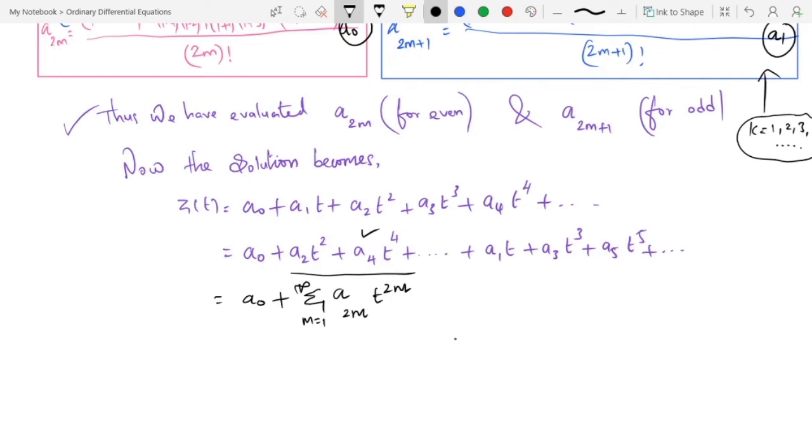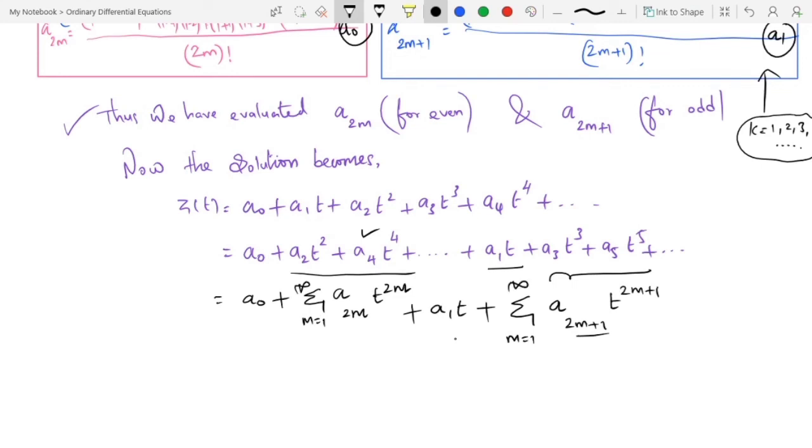Similarly, for A suffix odd numbers, write A1 t as it is plus group the terms from here, A3 t cube plus A5 t power 5. For the general case, write summation A suffix odd number, the general form of odd number 2m plus 1, t power the same odd number 2m plus 1, whereas m varies from 1 to infinity.